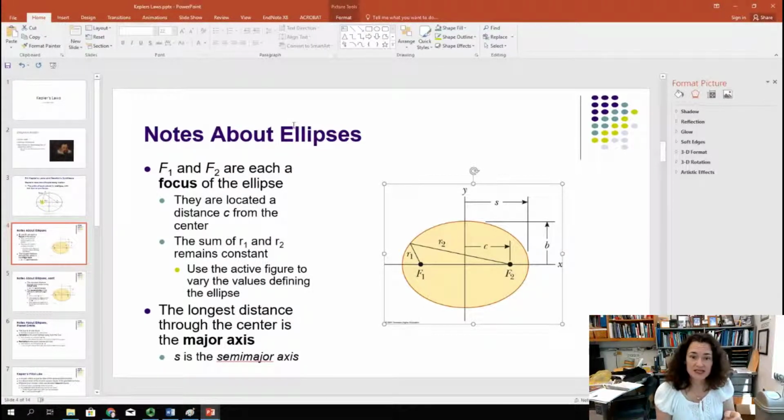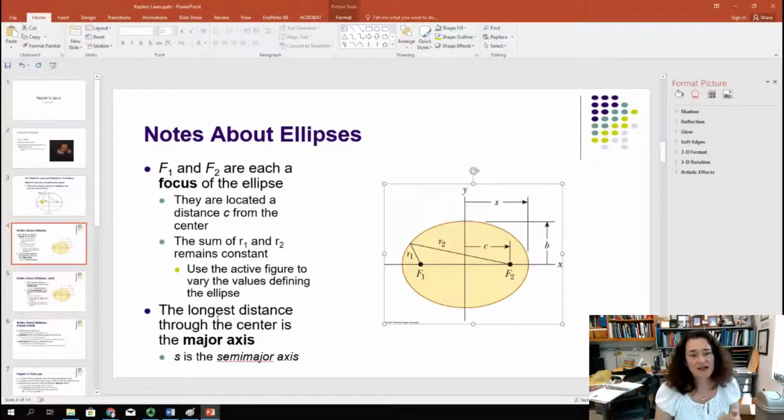Now, as you can see here, our string would be tied to focus 1 and focus 2, and however long that string is to reach the edge of the ellipse, that would be R1 plus R2 as shown in the diagram, all right? And the sum of R1 and R2 remains constant, which is why the idea of the thumbtacks and the string works for drawing out an ellipse.